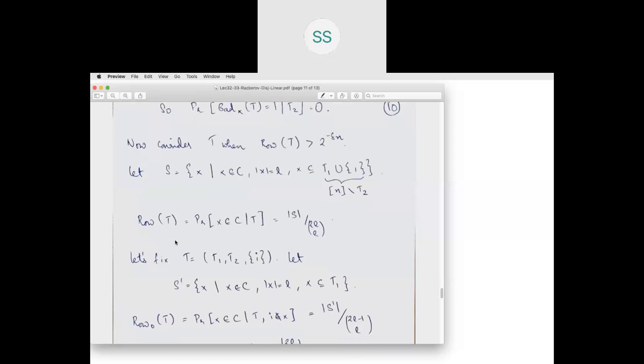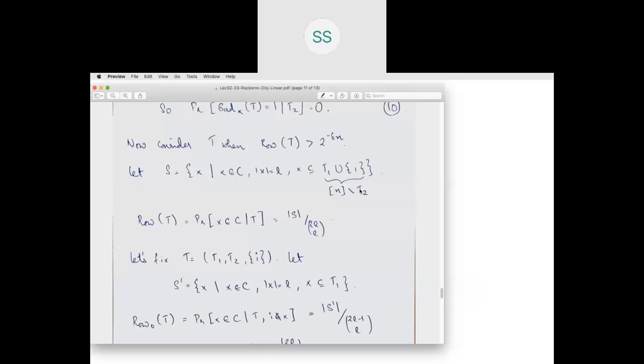So what is rho t? Rho t is the probability that x is in C given t. So basically, each one of these is likely to be chosen by the distribution. And how many such items are there? T2 is fixed, so the remaining 2L elements are there for choosing.